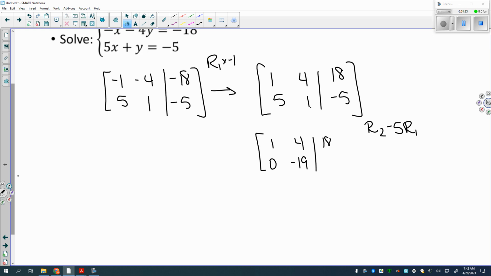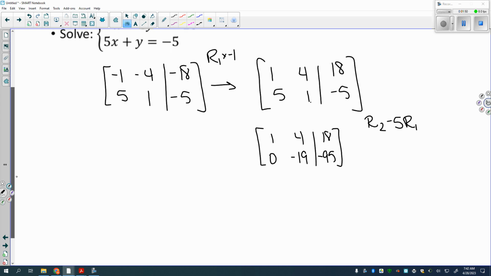Well, 5 times 18 is 90. And so negative 5 minus 90 is negative 95. Sometimes we have to deal with kind of the ugly parts there to get to that.